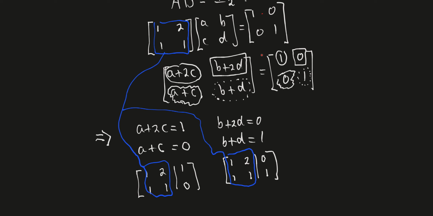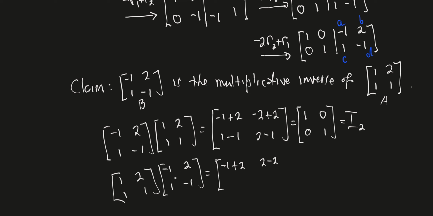Or put it this way, if we can indeed say that this is the multiplicative inverse, this product has to reduce to the 2 by 2 identity. So we have -1 plus 2, the same thing as before. And then here we have 2 minus 2, still 0, and then -1 plus 1, still 0, and then 2 minus 1.